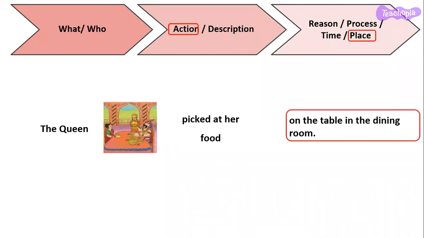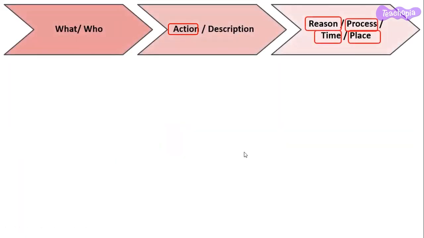So these are ways in which, when we narrate a story, or when we are telling children some information, we can use the third block to add the reason, process, time, or place of the action that we are talking to them about. Let's look at another example. Here, who are we talking about?